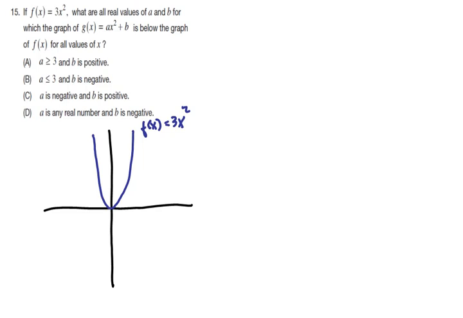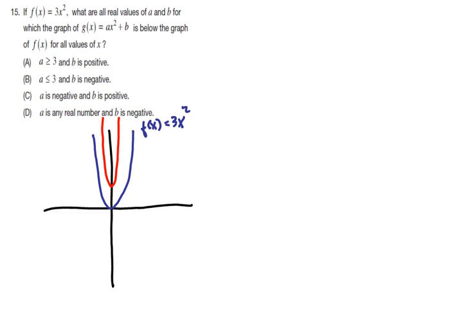Now, answer A. If a is greater than or equal to 3 and b is positive. Well, if a is greater than or equal to 3, then its slope is steeper. It opens more narrow than does 3x squared. And also it is raised off of the x-axis. So those two graphs will never intersect at any point.